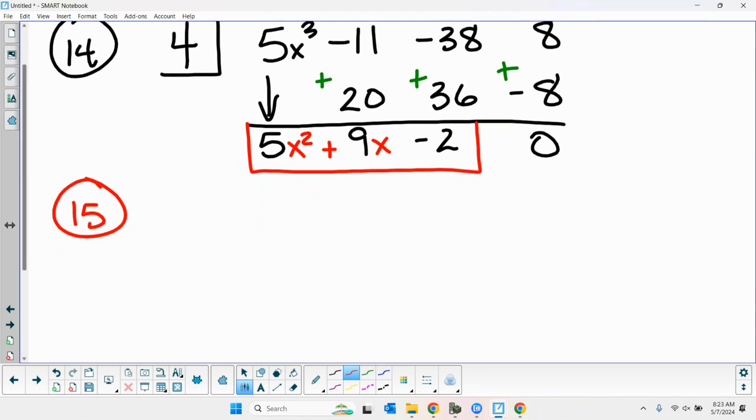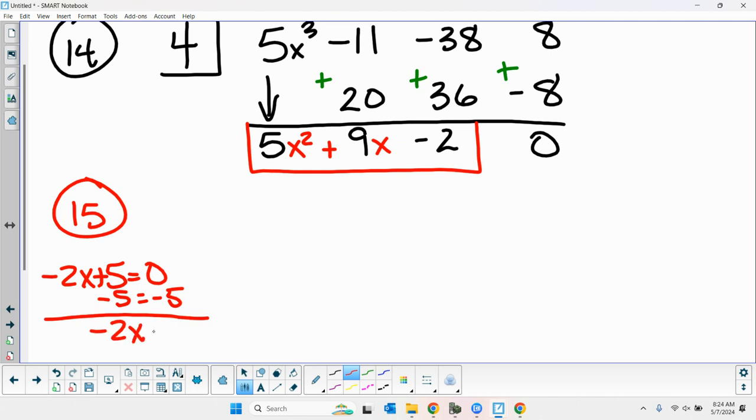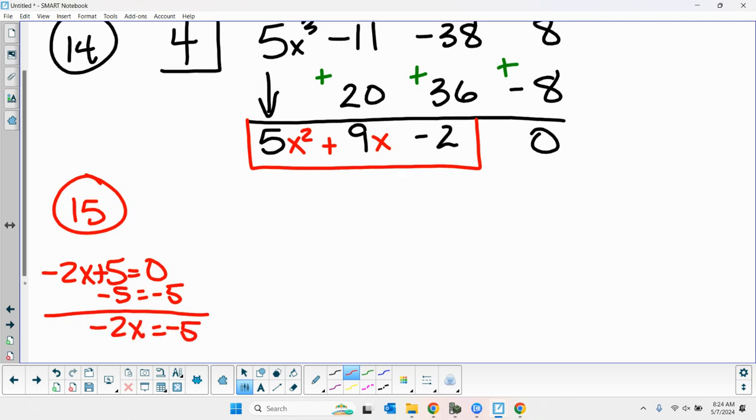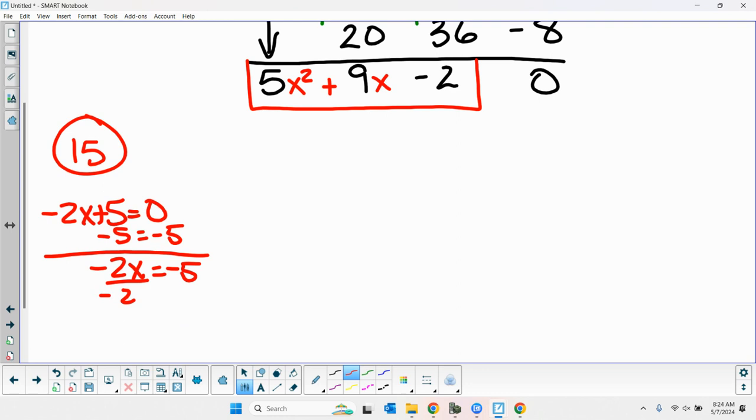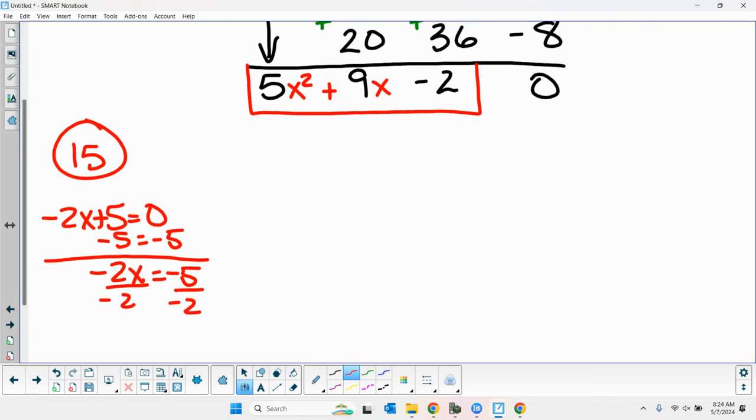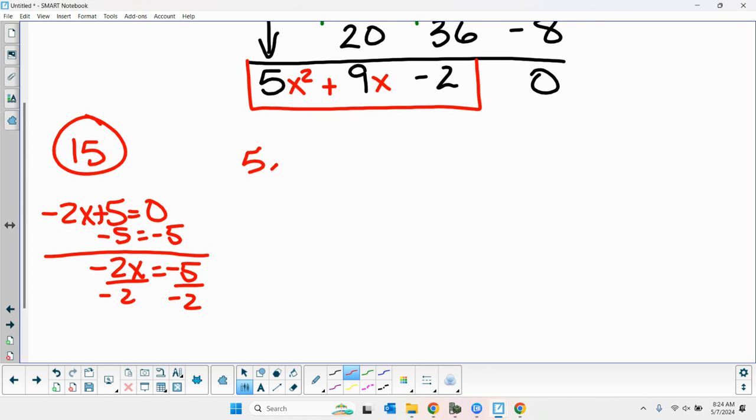Since it's negative 2x plus 5, you have to set it equal to 0 to figure out what to put in the little box. What's negative 5 divided by negative 2? Two negatives make a positive. So in the box, you're going to put 5 halves.